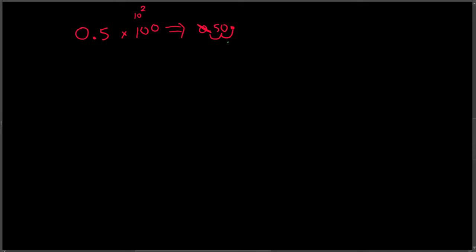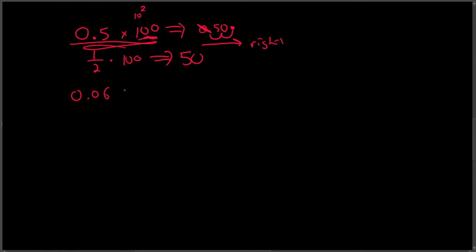Now if we think of this in fractional forms, that makes sense. A half times 100, half of 100 is 50. So our decimal is doing the job that we want. And so if the power of 10 is large, we move the decimal place to the right. But if our power of 10 is small, well, we're going to move our decimal place in the opposite direction.